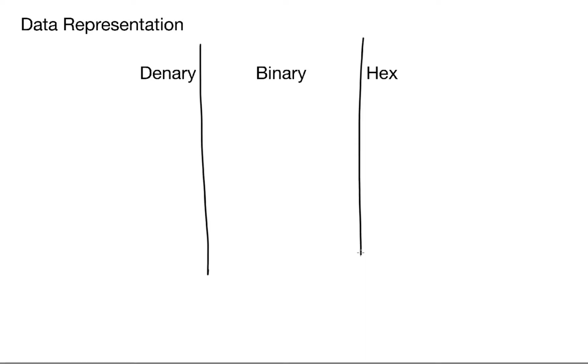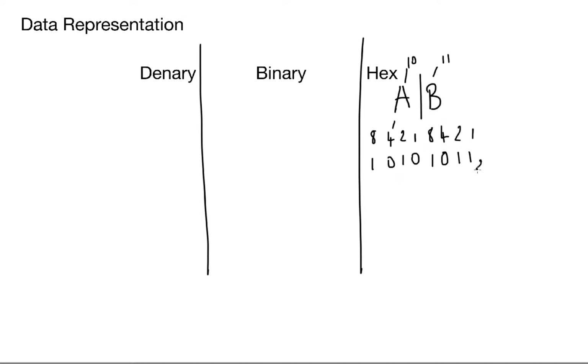So hopefully you can see the process now where we can apply denary numbers to binary numbers, and then binary numbers into hexadecimal, and then all the way back. So let's try one final example. Let's take AB. A has the value of 10 and B has the value of 11, and I need the 4-bit binary number equivalent of 10 and 11. So for 11 it's 1011, and for A it's 1010.